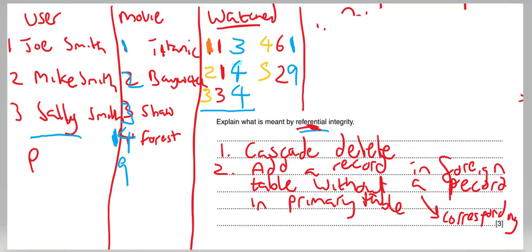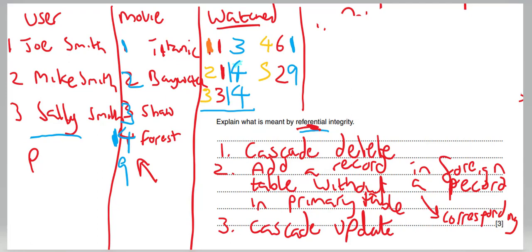Don't ask me why, I have no idea. I want it to automatically update these to be 14 as well. So it's called a Cascade update. Whereby we update the primary table, in this case this table here for movie, and it updates the foreign link tables automatically. That's a Cascade update.